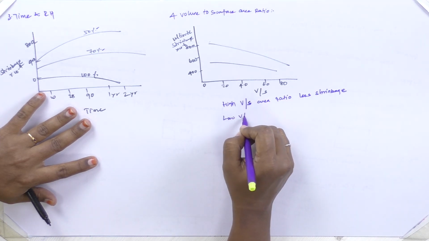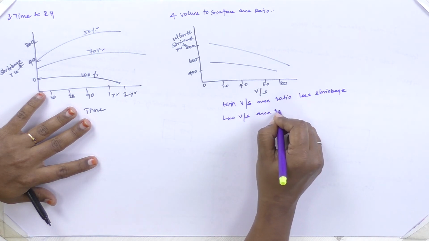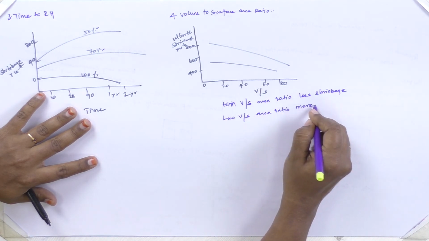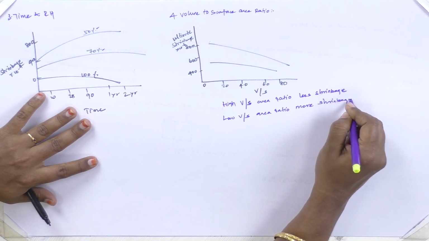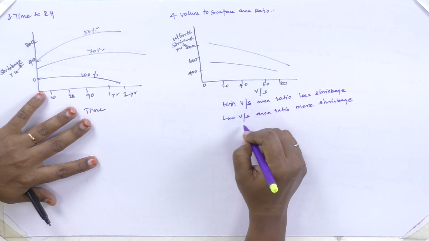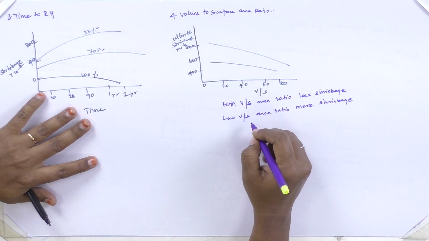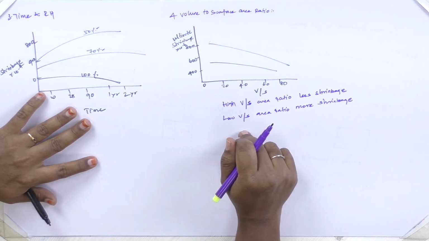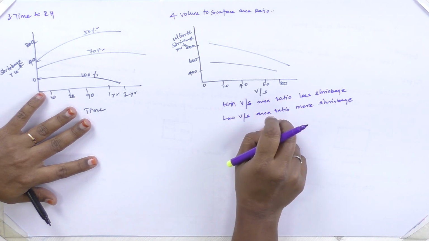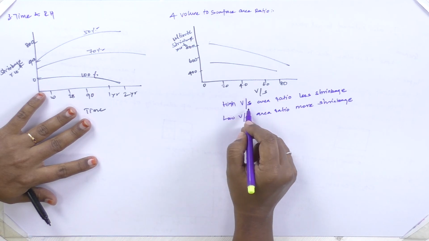And if I am having a low volume to surface area ratio, more shrinkage occurs, since I am having a larger surface area where there arises a chance for more evaporation compared to that of less surface area. So the shrinkage will be more when I am having a low volume to surface area ratio, and these are the factors which influence the shrinkage in a concrete.